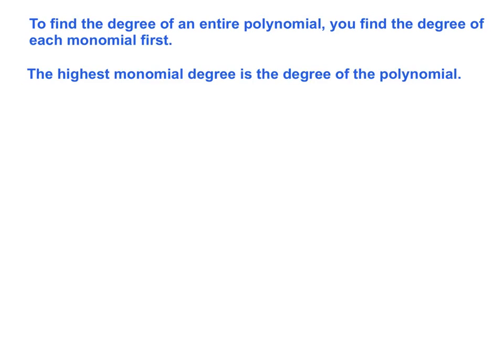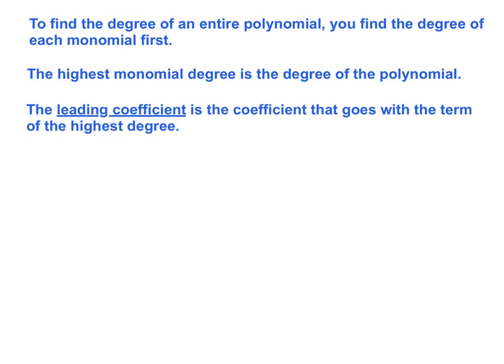One more term that we need to know is the phrase leading coefficient, okay? Remember, coefficient is the number in front of the variable. And the leading coefficient is the coefficient that goes with the term that has the highest degree.